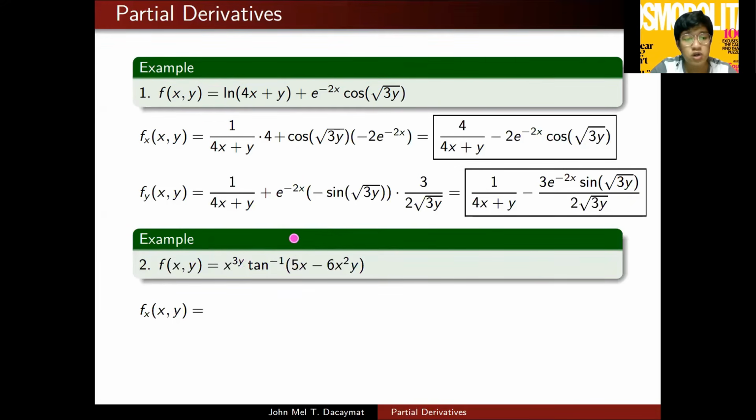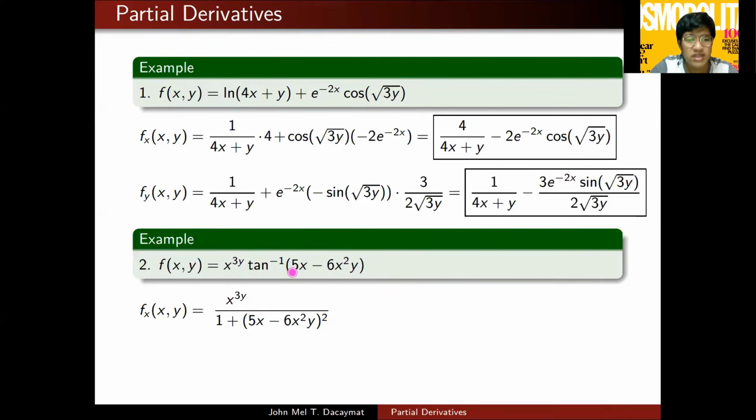So, recall product rule. We copy the first term. Tapos, derivative ng tangent inverse. Ang derivative ng tangent inverse of x ay 1 over 1 plus x squared. So, yung tangent inverse ng something na to is 1 over 1 plus something squared. Tapos, chain rule, derivative pa nung nasa loob na to. Again, ang ating variable ay x, no?